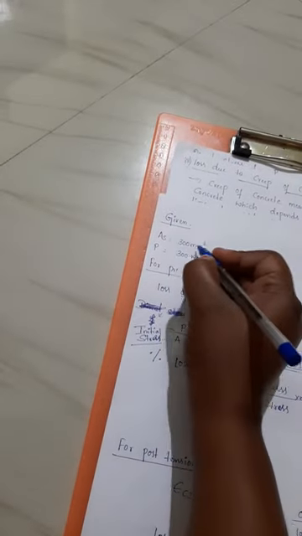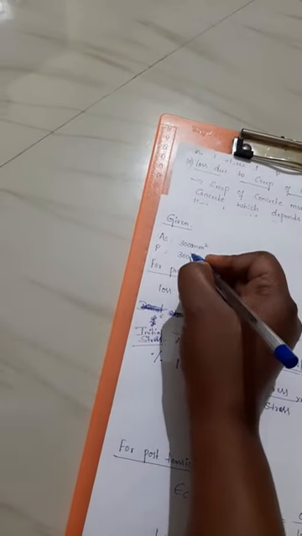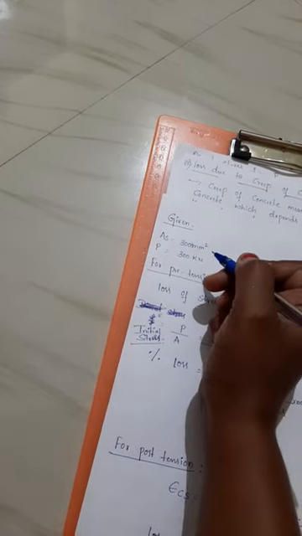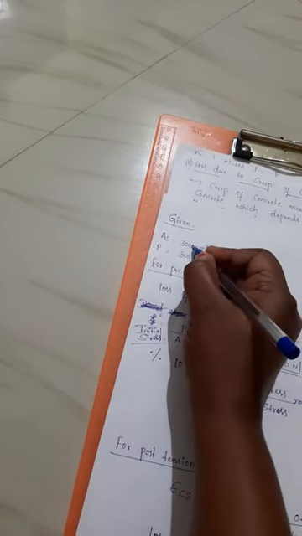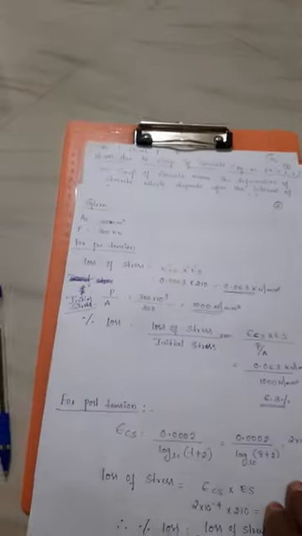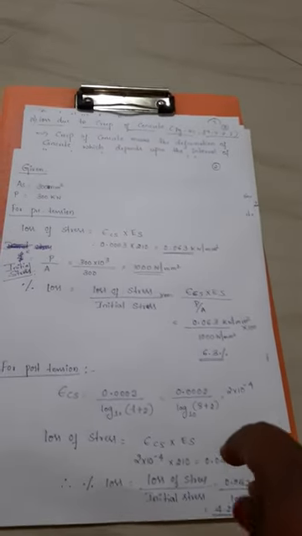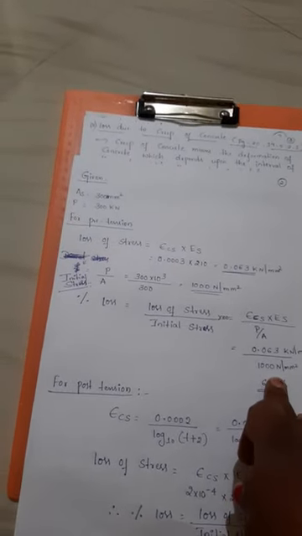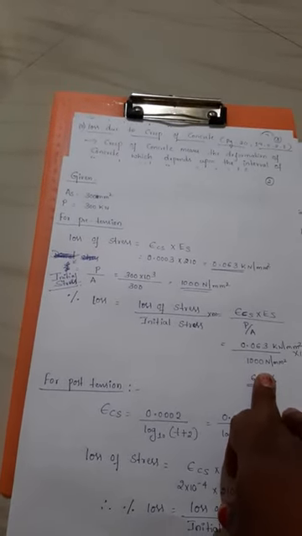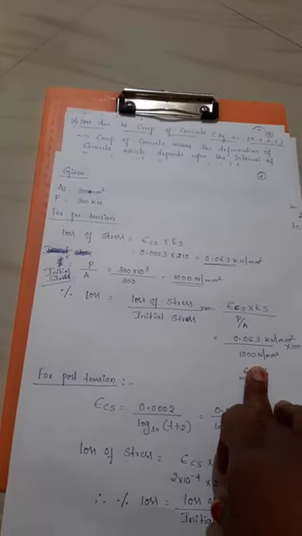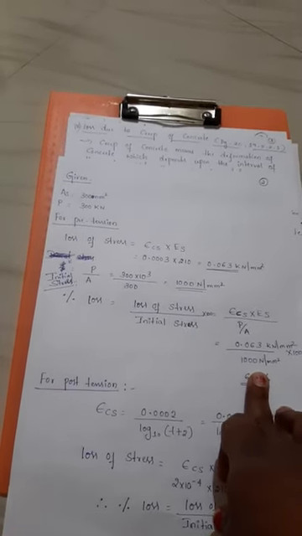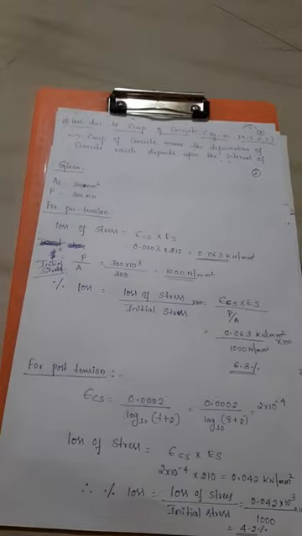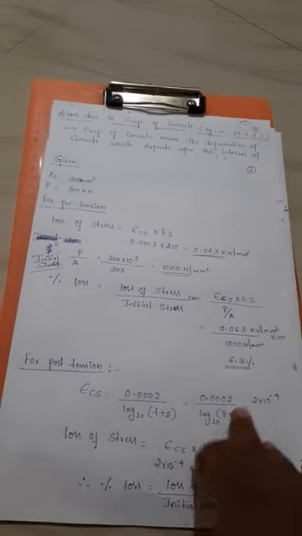So P by A is known, that is 1000 Newton per mm square.